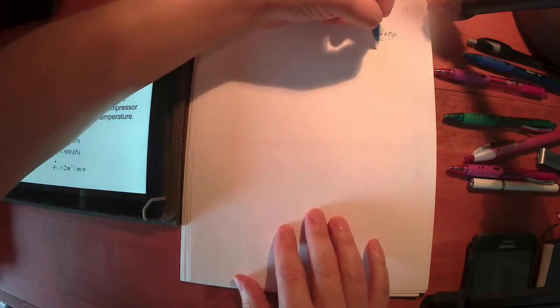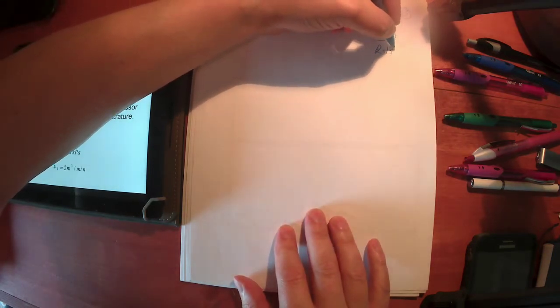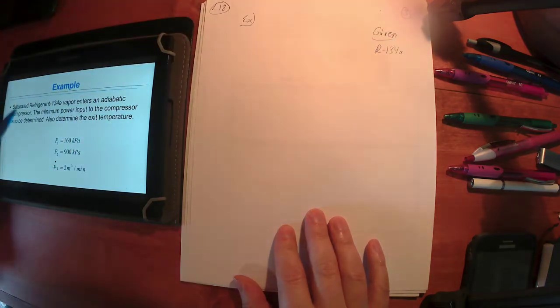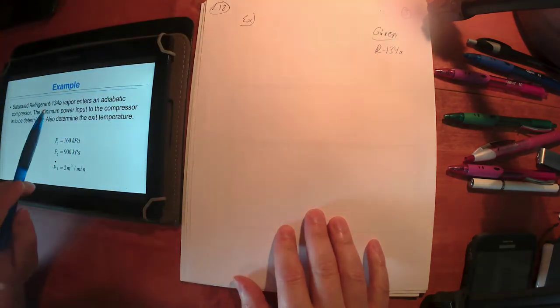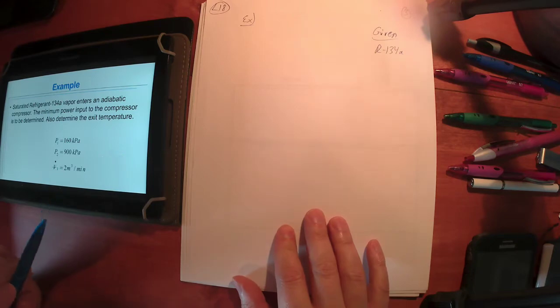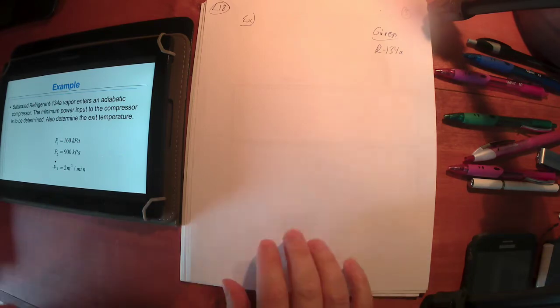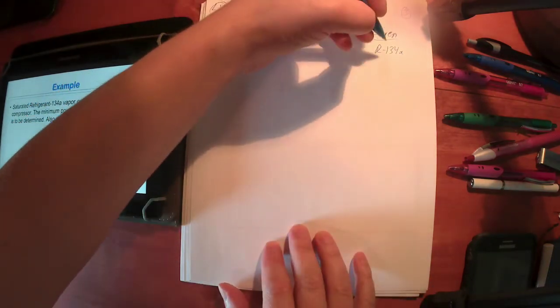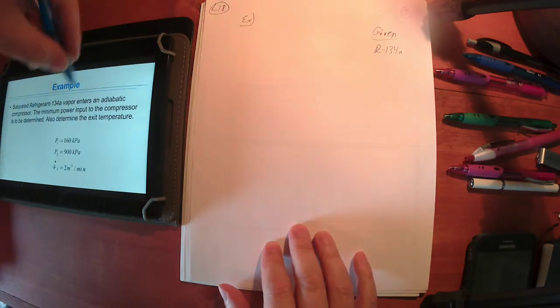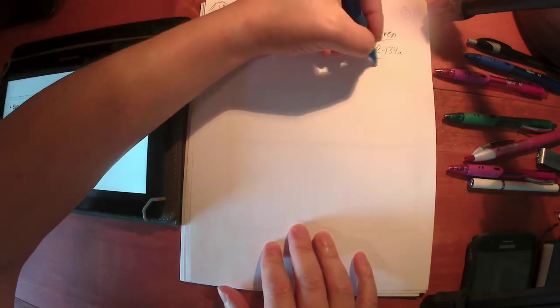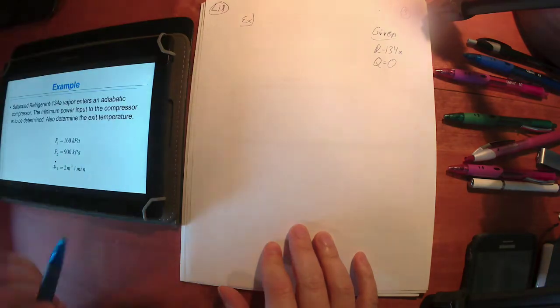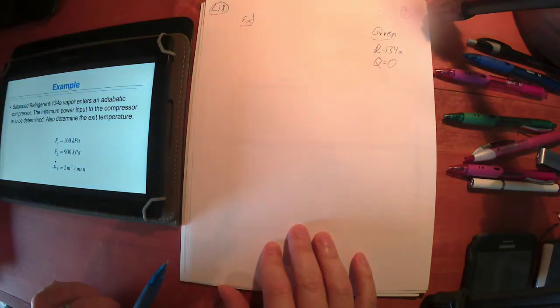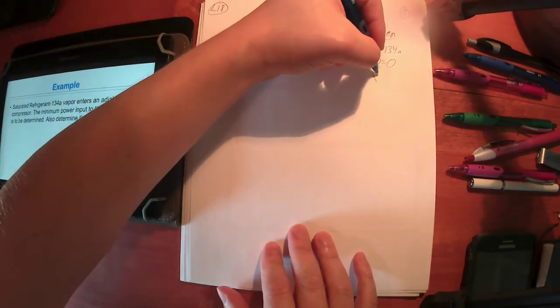What do we know? We've got R134a. That is our substance. Saturated R134a vapor enters an adiabatic compressor. Wow, they've told us a lot right there in that first sentence. I've got R134a, I've got a compressor, it is adiabatic, and I've got saturated R134a vapor.